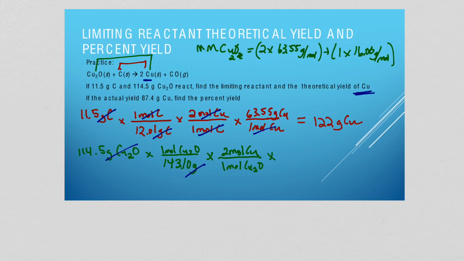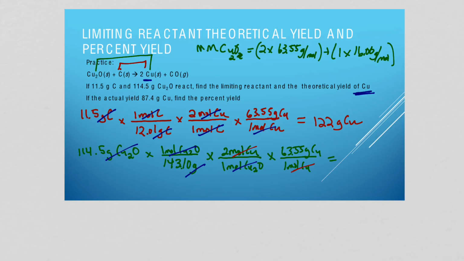So that's going to cancel out my moles of copper oxide. So the last thing I need to do here is again convert it into grams of copper. So 63.55 grams of copper per every mole. So if I carry out my calculation, I give my answer.